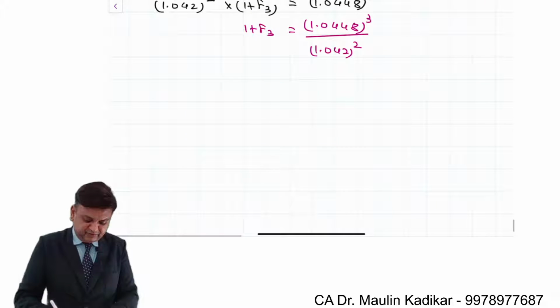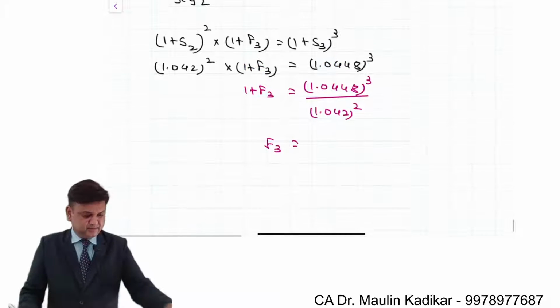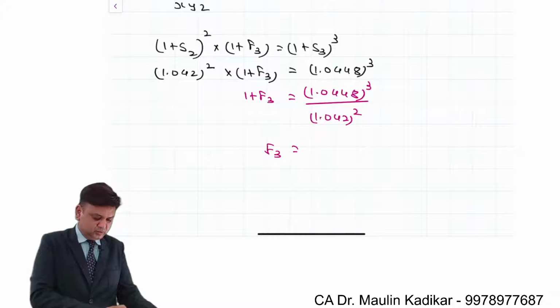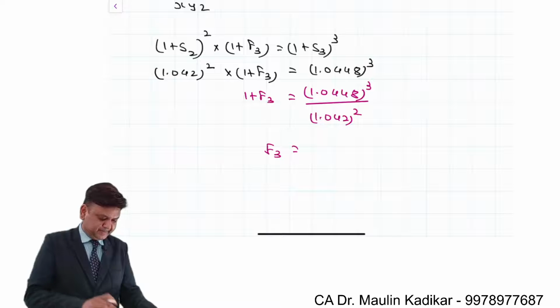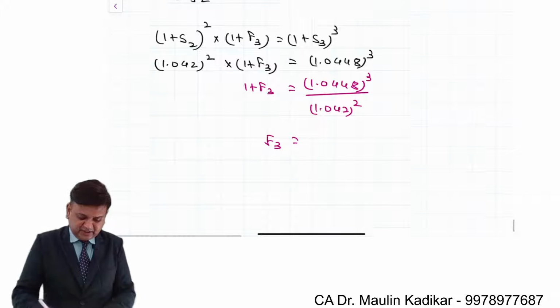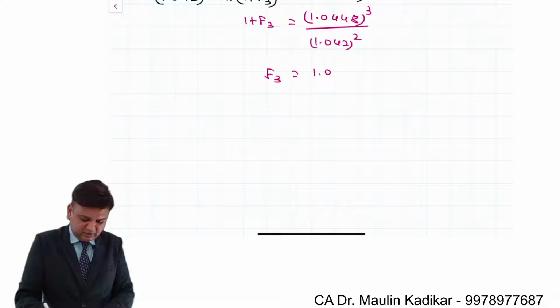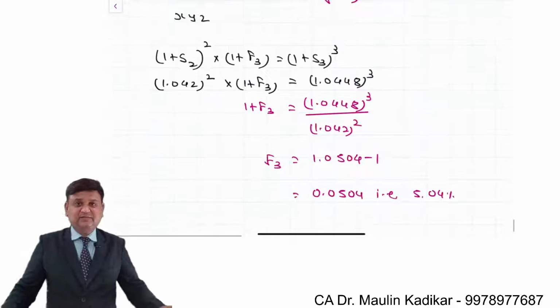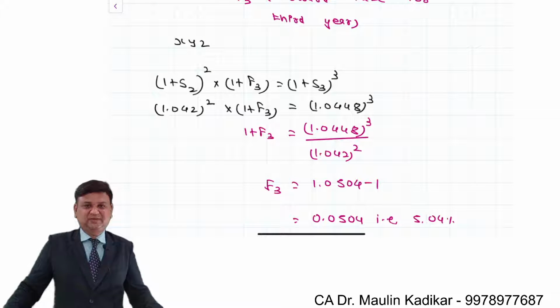So now F3 will be calculated as balancing figure. So F3 is 1.0504 minus 1, 0.0504, that is 5.04%. This is the way F3 is calculated.